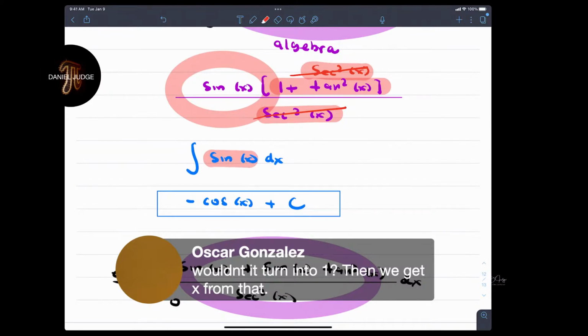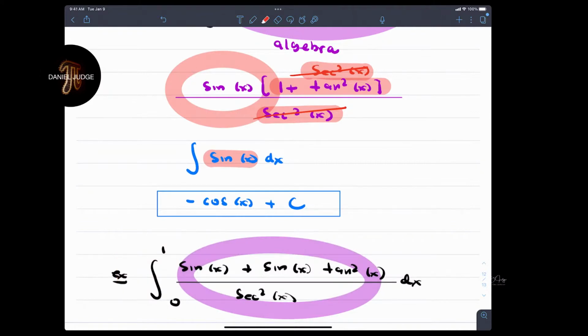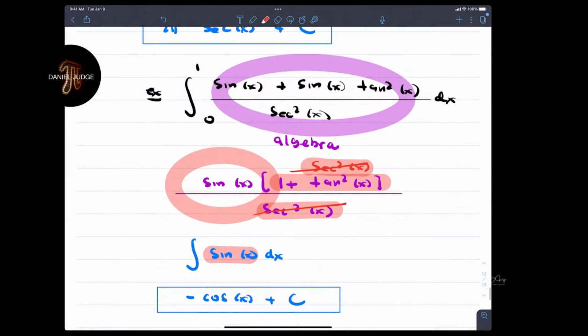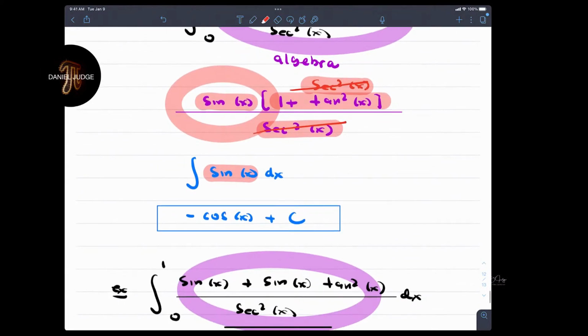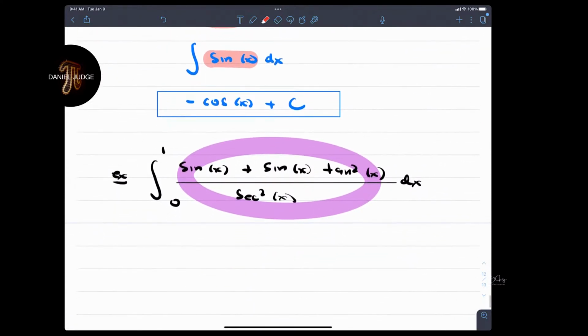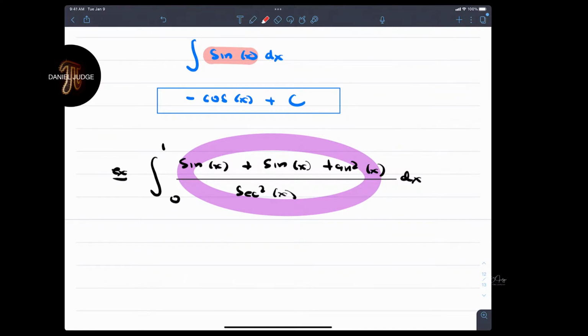So that did turn into 1. But you do have that factor of sine, because remember, you factored out the sine originally because it was common. That's why it's out here. So you integrate the sine, and that's minus cosine.